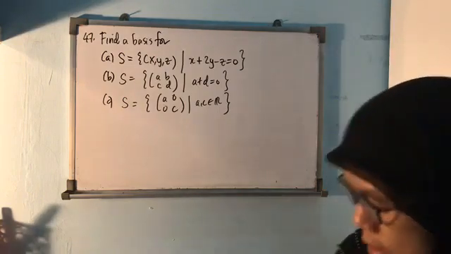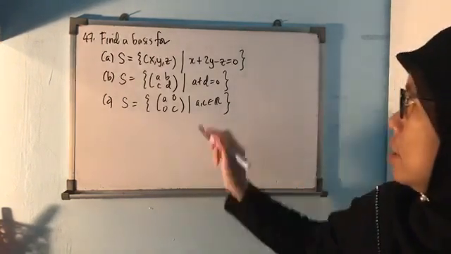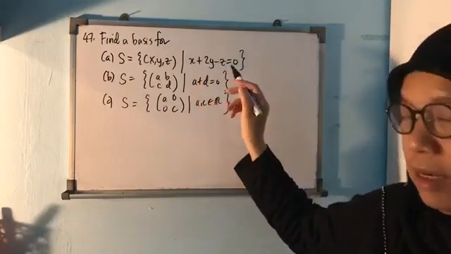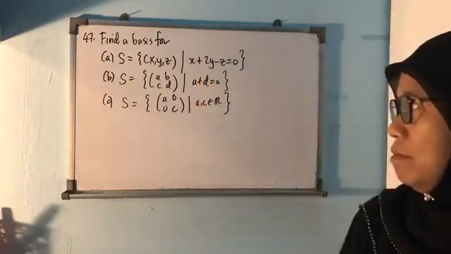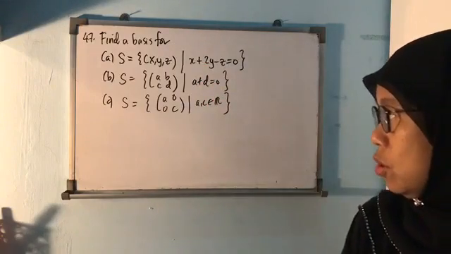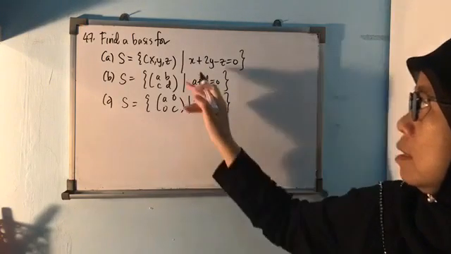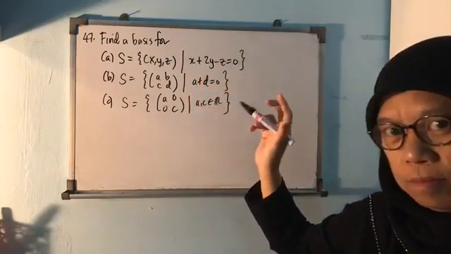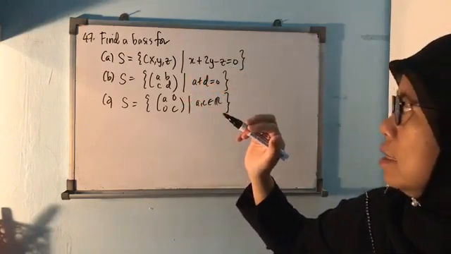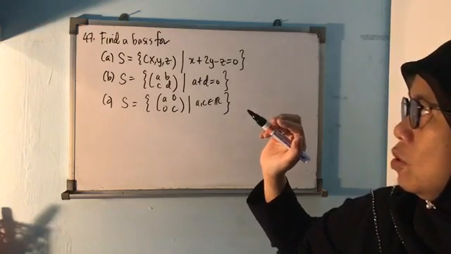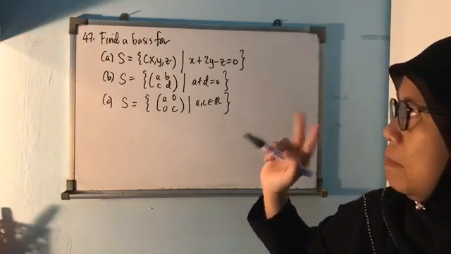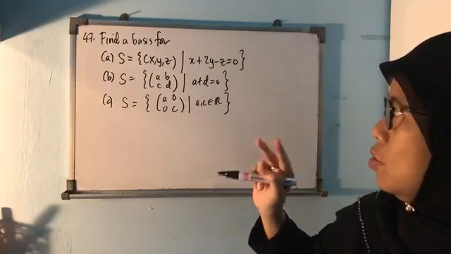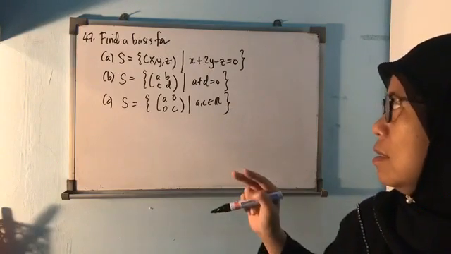Okay, you know, this is a plane, right? This is a plane. So the plane has dimension 2. Okay, so you need a basis of 2 vectors. Okay, and how do you get the 2 vectors? Right.